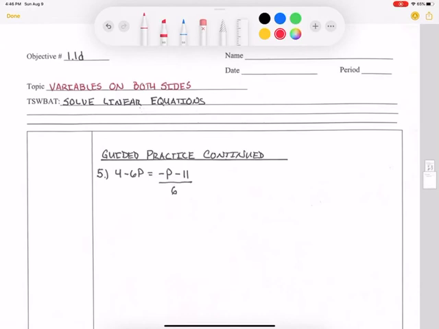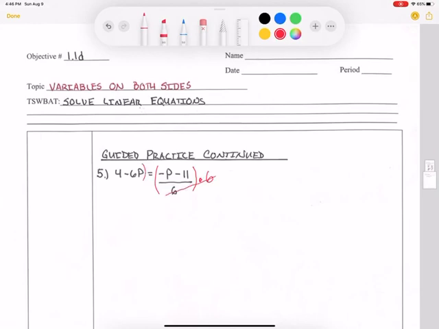So to get rid of the fraction, notice that negative p and negative 11 are both being divided by 6. So I can't move those. So what I need to do is get rid of the denominator, get rid of the 6. To get rid of that denominator, I'm going to multiply both sides of the equation by 6. This will cancel these out.